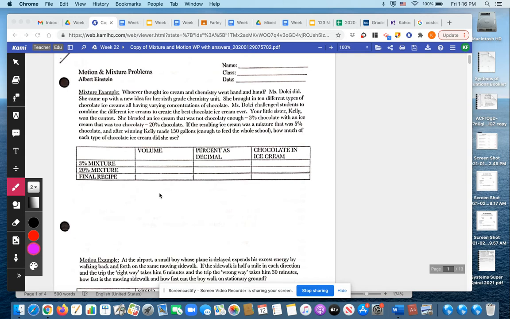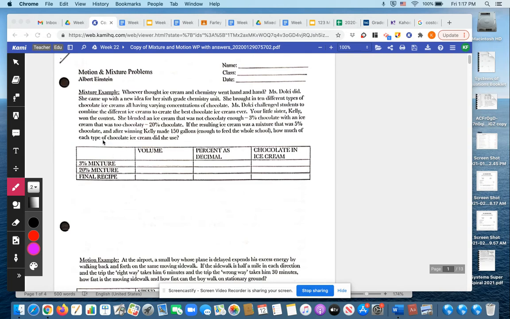She blended an ice cream that was not chocolatey enough, which is a 3% chocolate, with an ice cream that was too chocolatey, which was a 20% chocolate. If the resulting ice cream was a mixture that was 5% chocolate, and after winning, Kelly made 150 gallons of ice cream, that's enough to feed the whole school. How much of each type of chocolate ice cream did she use?